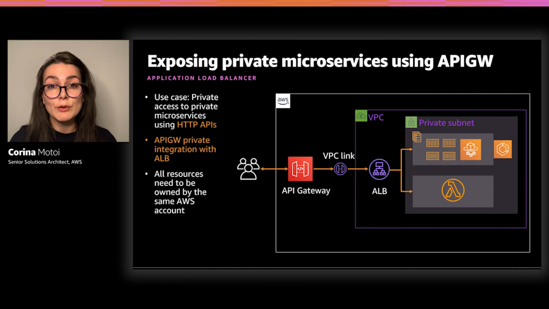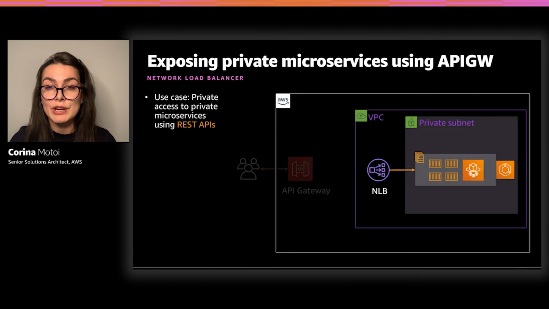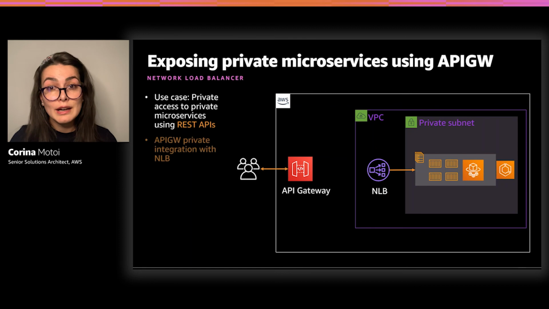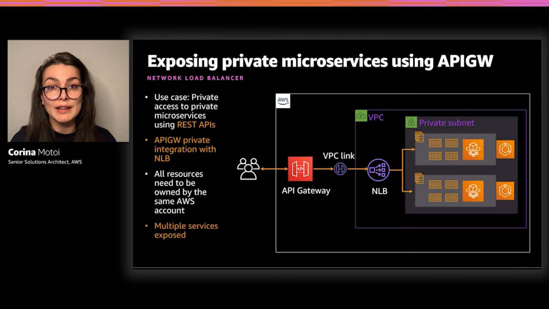The same deployment is also possible with a network load balancer, and this happens when you have non-HTTP APIs. And you again take advantage of the API private integration with the network load balancer. Again, all the resources have to be in the same AWS account. But one thing here that is quite handy when you have your network load balancer being fronted by the API Gateway is the fact that you can configure each service as a specific listener on the network load balancer and use a single VPC link to connect the API Gateway to the network load balancer.